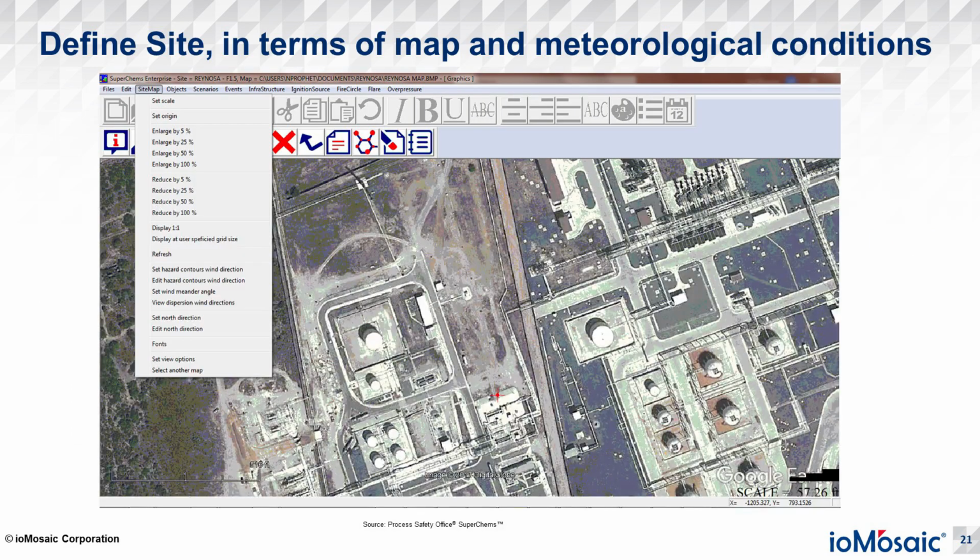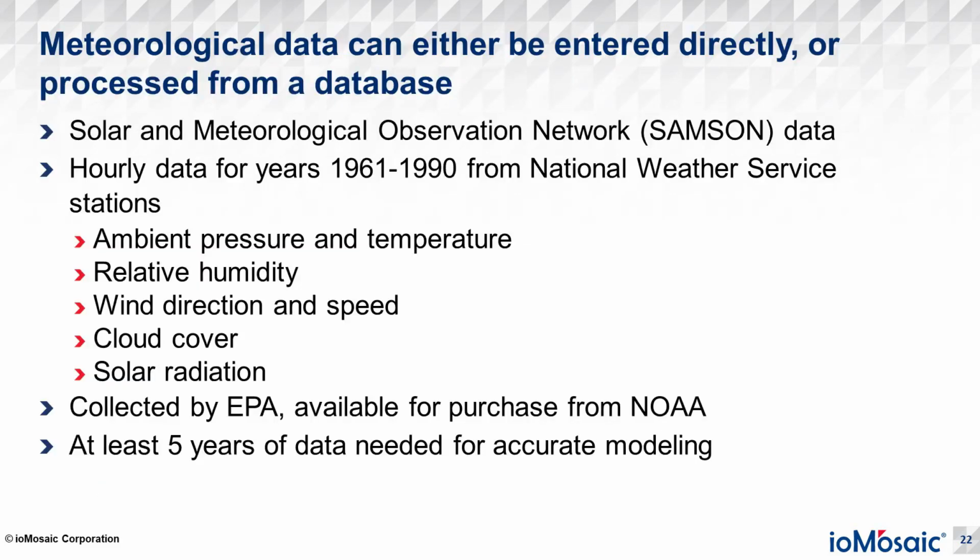Okay. So to do that, we pull in the bitmap image and then go to the sitemap menu, and you've got your set scale, set origin, and set north direction options in the drop down. Okay, so that's our image.